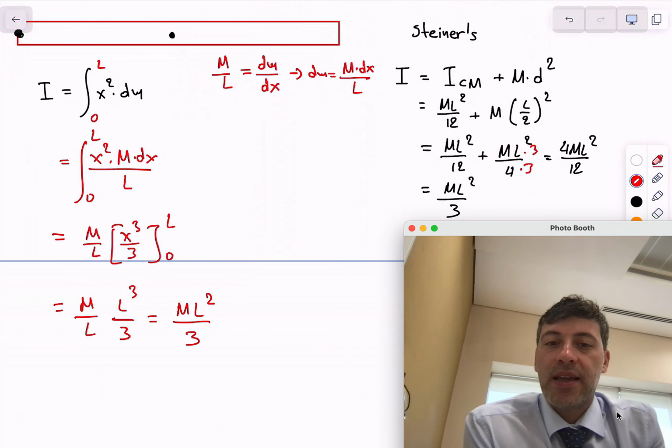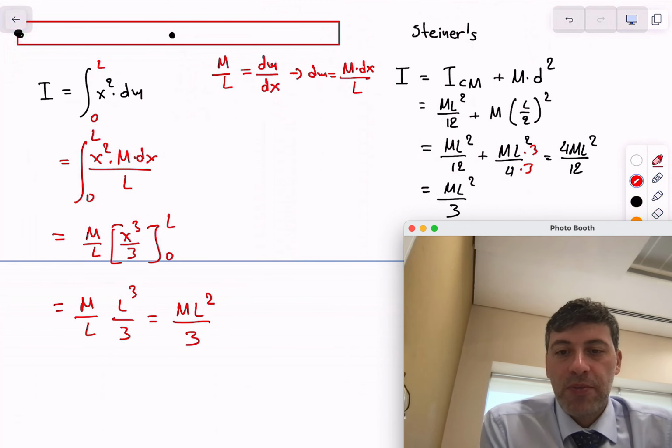And we see, by using the two methods, we bring exactly the same result.